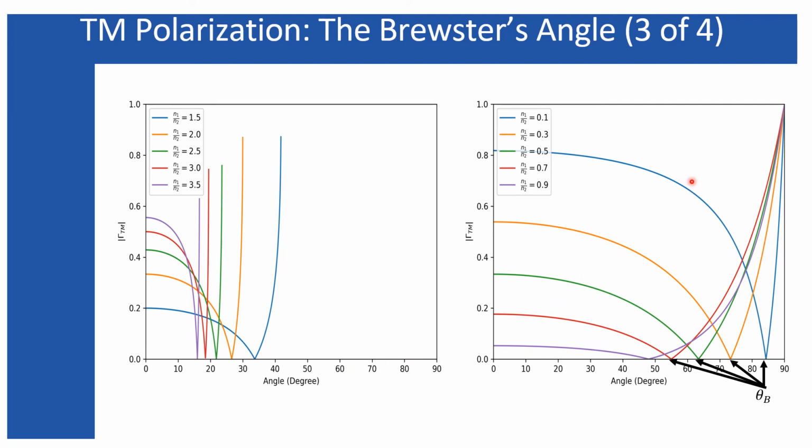And you can see from these two figures that in the first case the reflection can even go to 1, that is, the wave totally gets reflected back, but that is not due to total internal reflection, because the incident angle right now is 90 degrees.